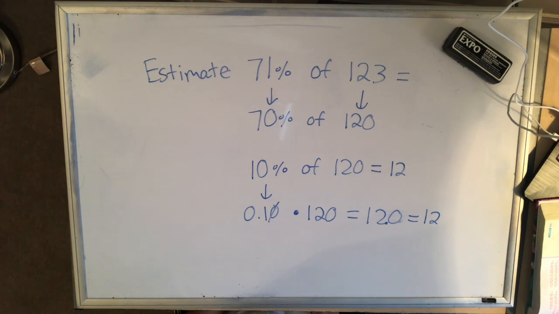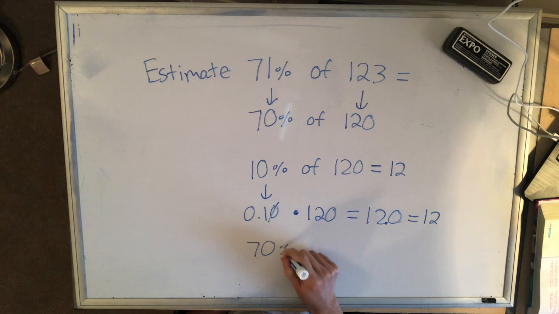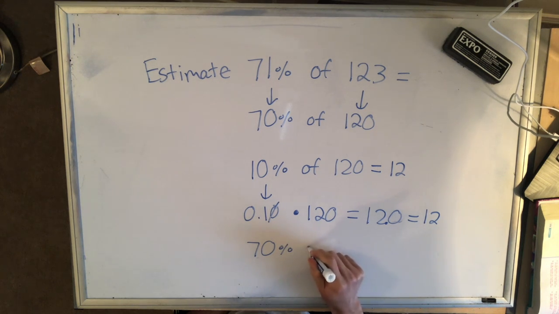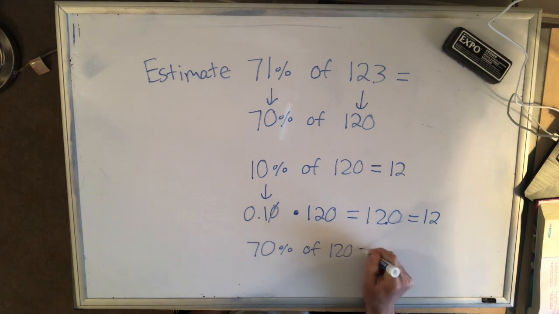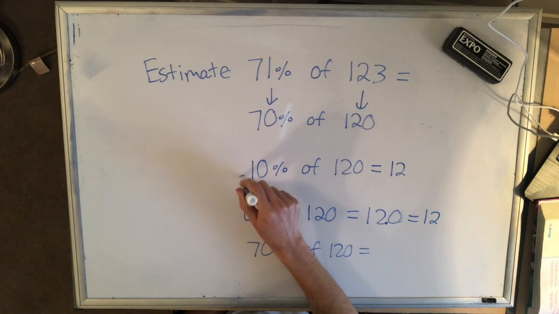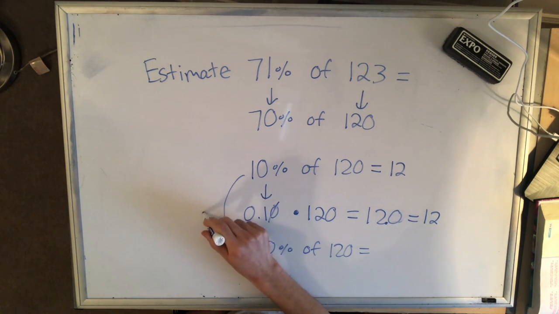Or you can think of 100% of 120 is 120. 100% divided by 10 is 10%. So do 120 divided by 10 to find 10% of 120. All right, so to find 70% of 120, well, 10% times 7 is 70%.